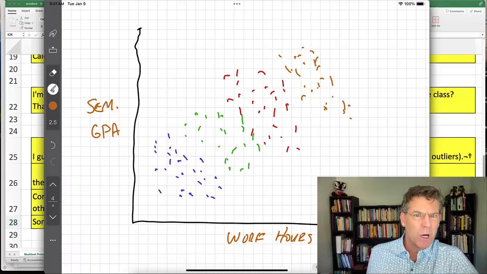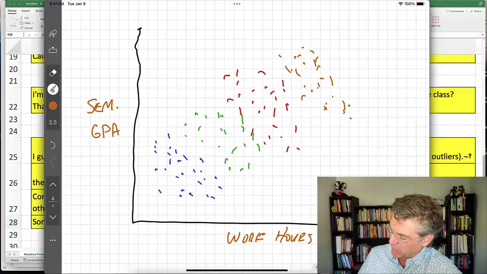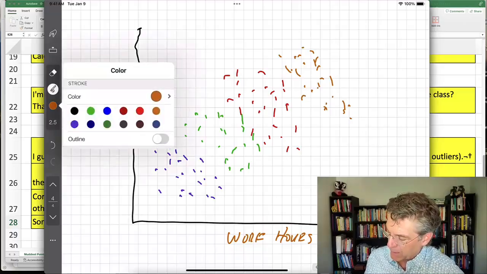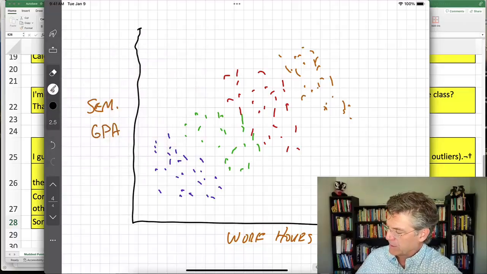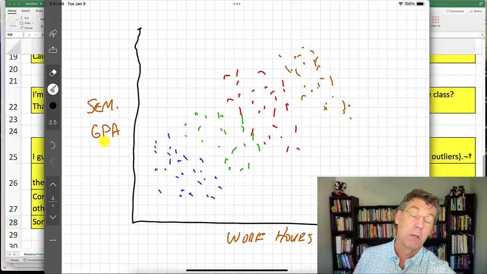So this might be more at a traditional university. What it clearly looks like when you look at the overall data is a strong positive correlation: as the number of hours people work outside of school goes up, their GPA goes up. All right, so that might be your interpretation.